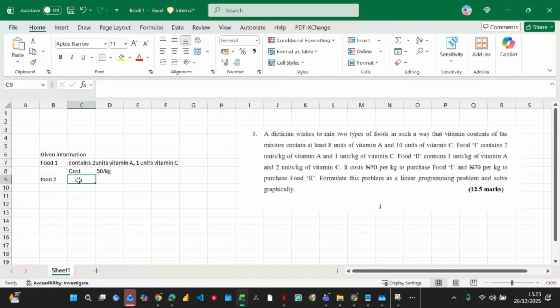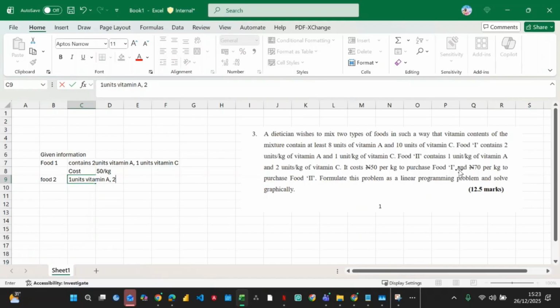Food two contains 1 unit of vitamin A and 2 units of vitamin C. The question looks somehow wrong, because this one just interchanges the values.